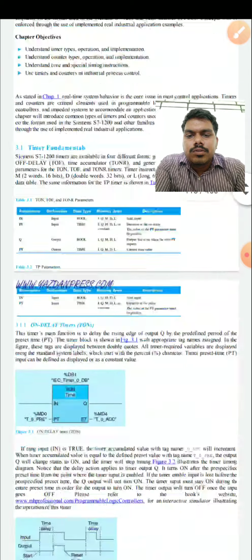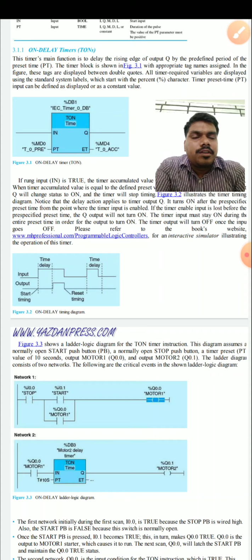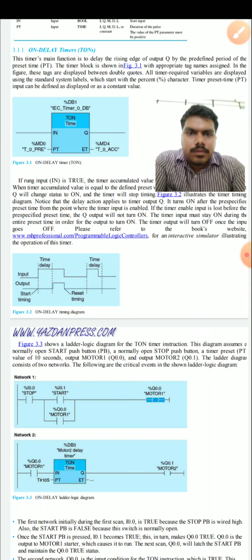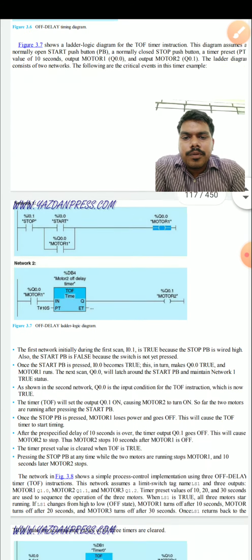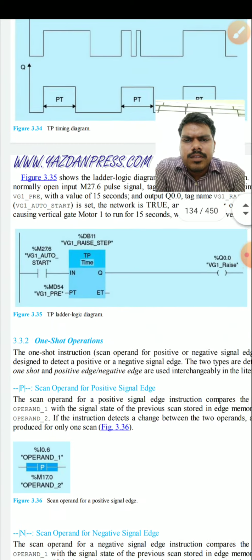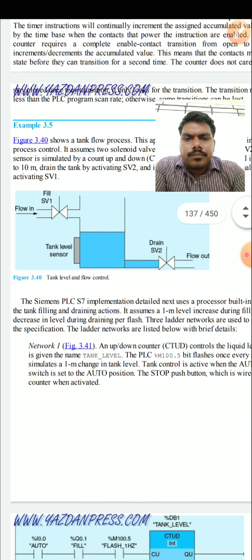So remember this, and kindly refresh our Boolean topics and the instructions which are commonly used by the PLC. There will be timers and counters, which we will discuss in future videos with some very simple examples so that you can understand easily.